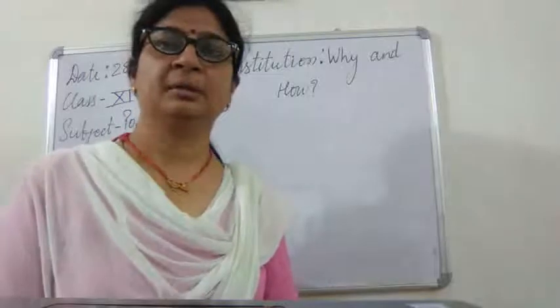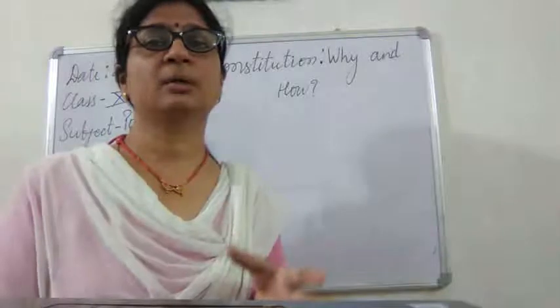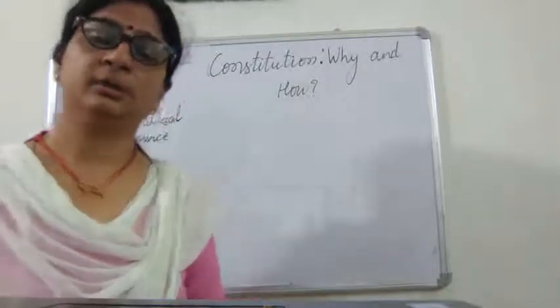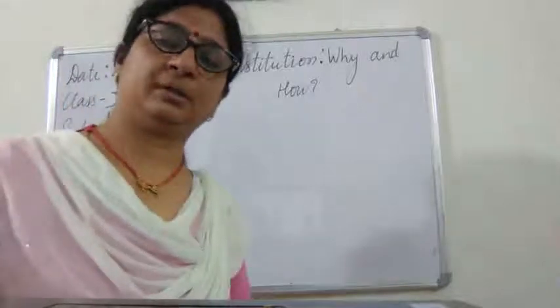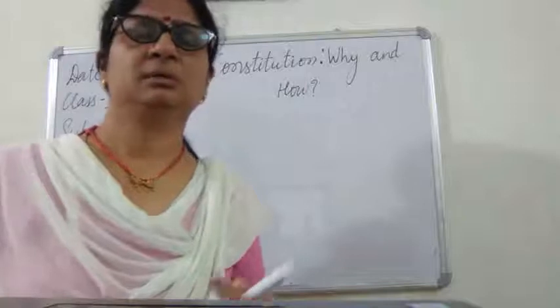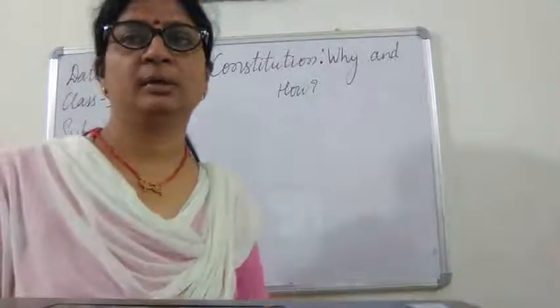Like, it stops a particular color of cloth, that no one should wear a particular color of cloth. Or it may also put restrictions on singing a certain song. Okay.